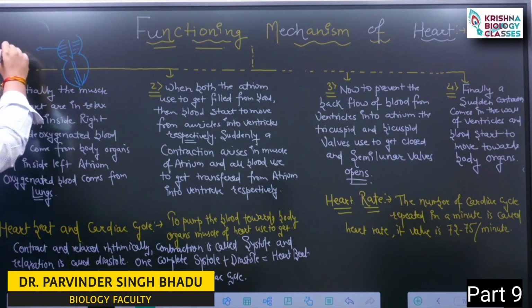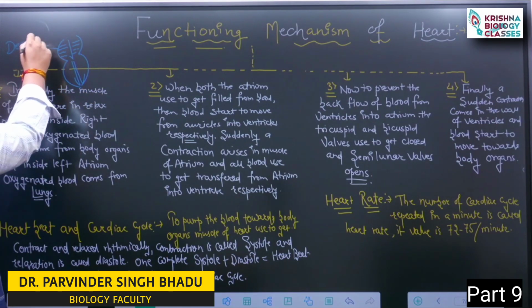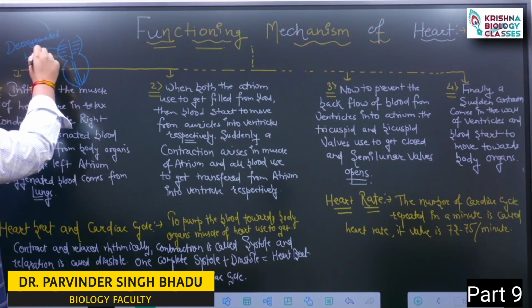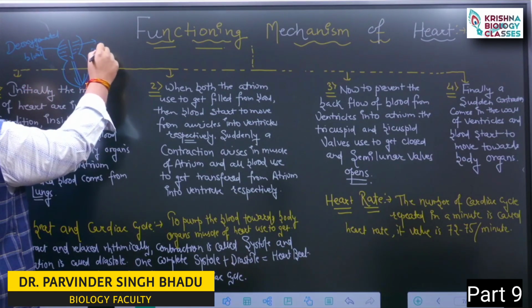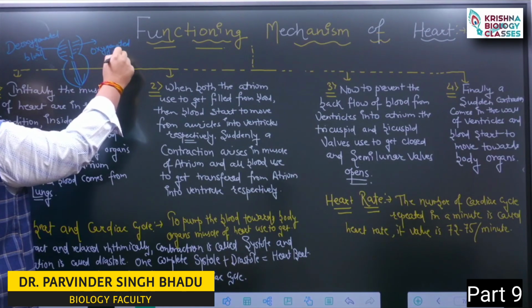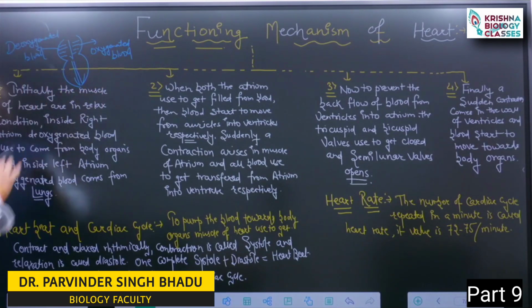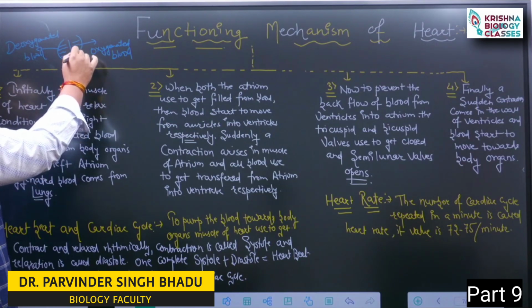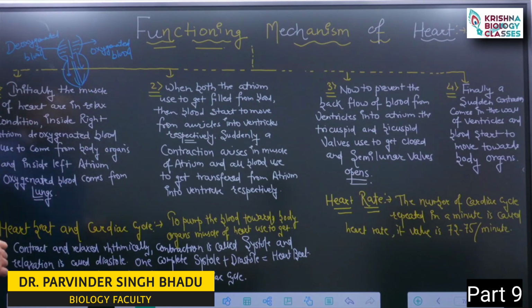So this is deoxygenated blood and this is oxygenated blood. As soon as these chambers used to get filled, blood will start to move from right atrium to right ventricle and left atrium to left ventricle.